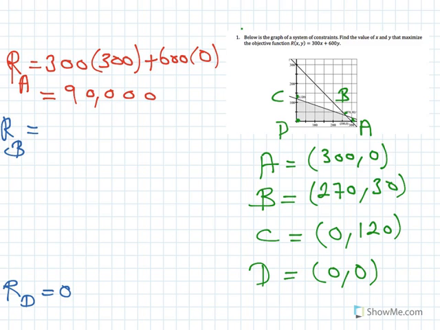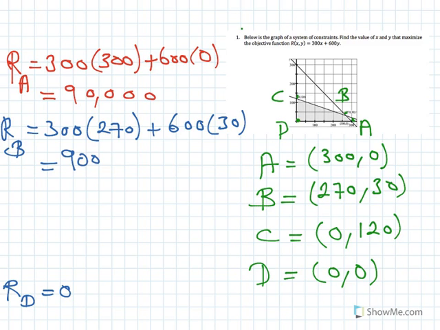So RB is 300 times 270 plus 600 times 30, and let me use the calculator, that gives me 99,000. That's even bigger. That's higher than A.